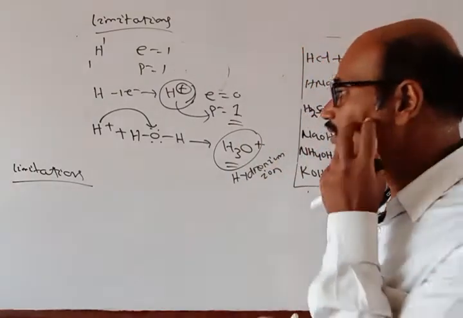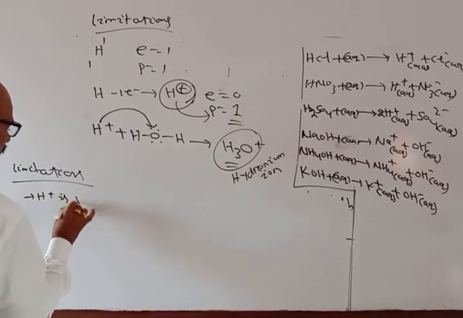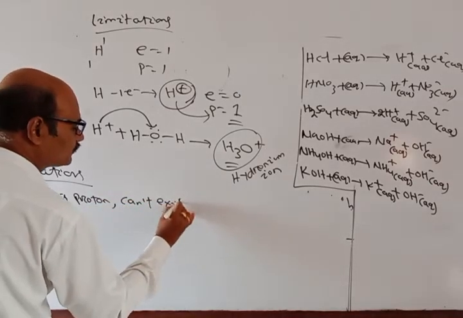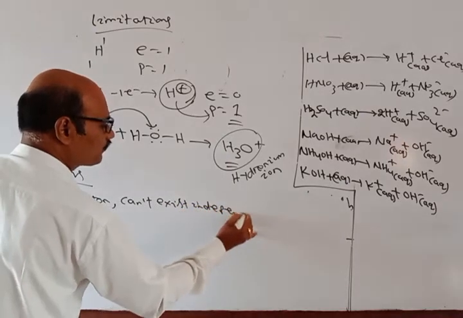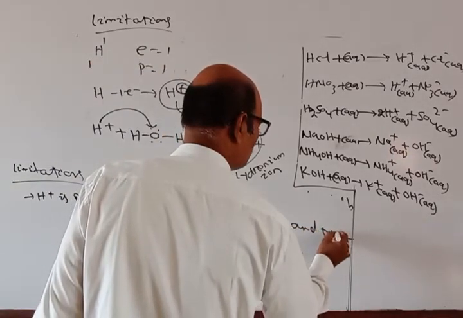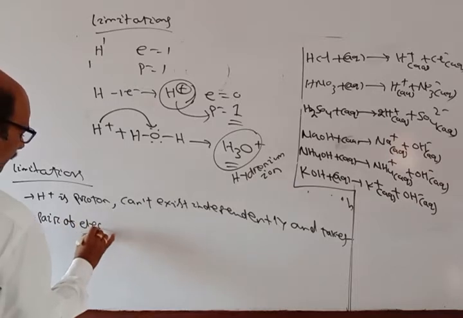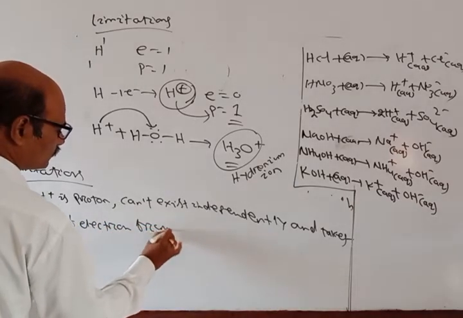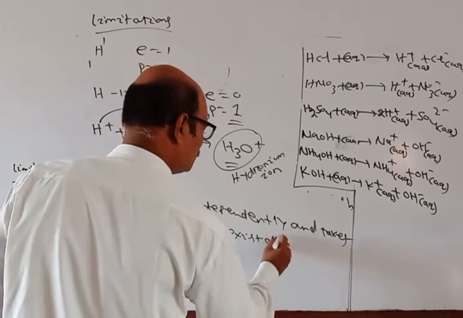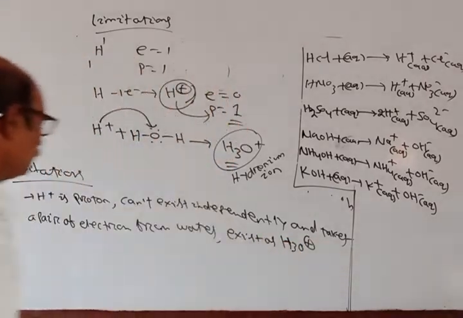Limitations: H plus, a proton, can't exist independently, and takes a pair of electrons from water, existing as a hydronium ion. Which is what? Hydronium ion.